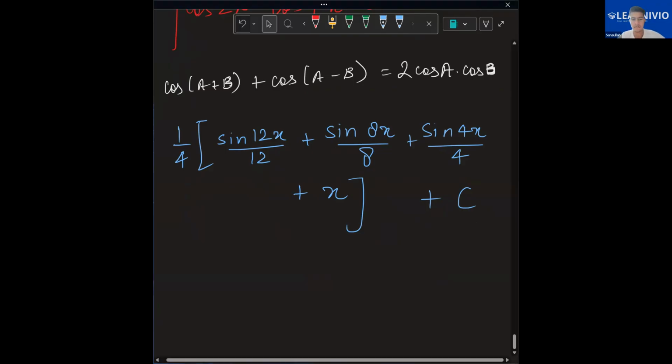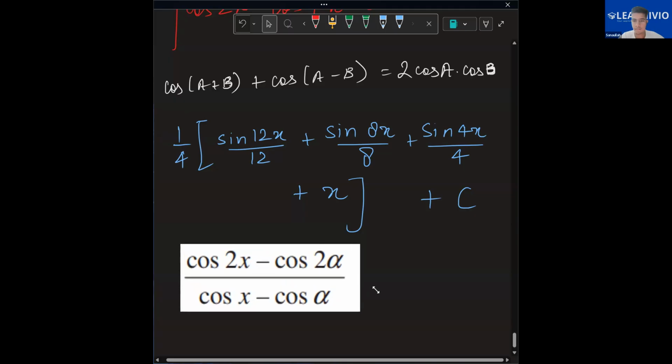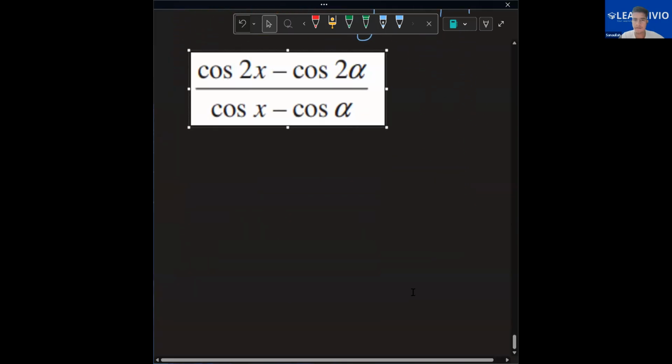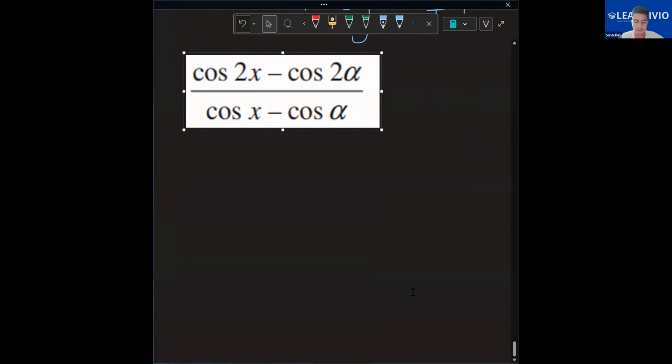So now integrate this one. You have to just use the trigonometric formula. इसको cos c minus cos d वाला formula use करना in both numerator and denominator. उसके बाद simplify करो and then integrate.